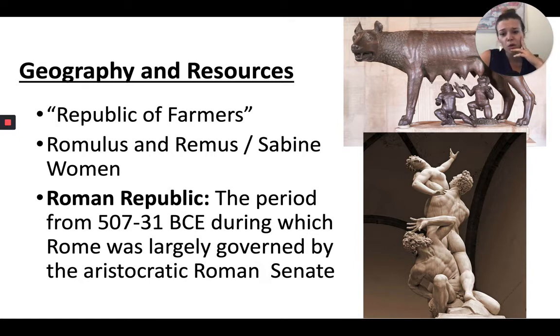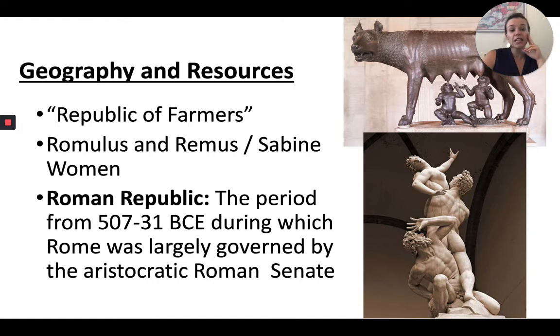But we know that the city of Rome has been inhabited as early as 1000 BCE. And according to legend, there were 7 kings between 753 BCE and 507 BCE. So 7 kings for about 150 years.